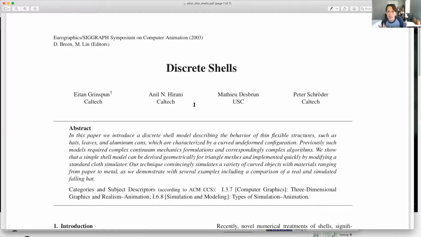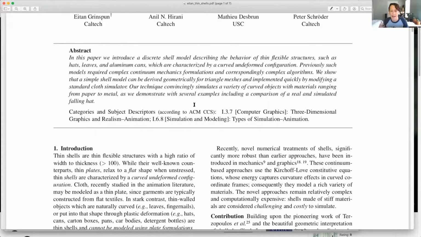The problem they were looking at was exactly this thin shell problem I was just talking about: how do you express different starting and ending configurations of surfaces that are really only triangle meshes.